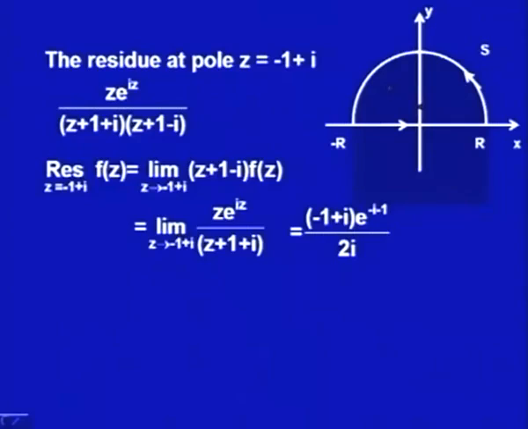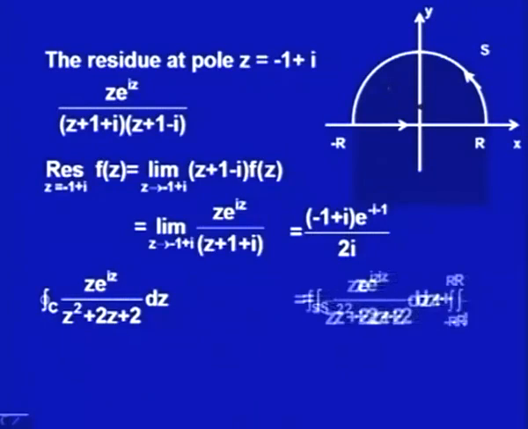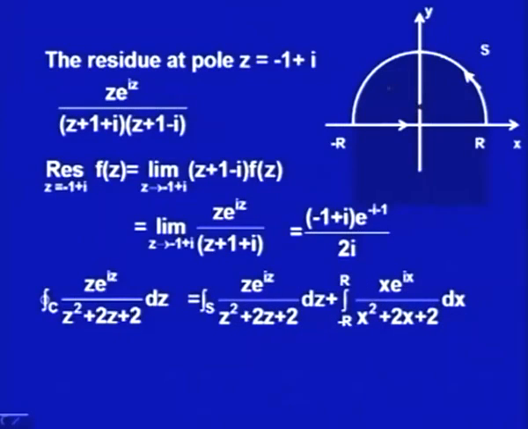So, using our residue theorem, the integral along this closed contour C, which consists of the semicircle S and the real line from minus R to plus R, we can subdivide into the integral over the semicircle S of the function z e to the power i z upon z square plus 2z plus 2, plus the integral from minus R to plus R of the function f(z).